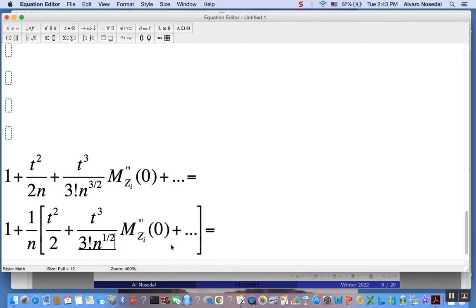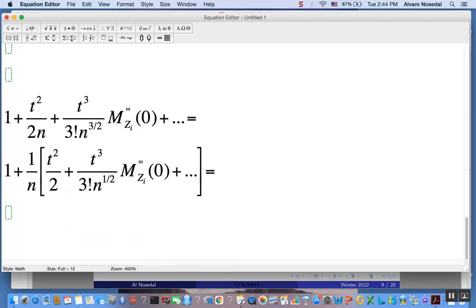And then you could continue. All the other terms are going to have an n in them somewhere, right? Then you could think of this as 1 plus 1 over n. And this guy here in square brackets is our sequence Bn. Make sense? Right? Can you see it?